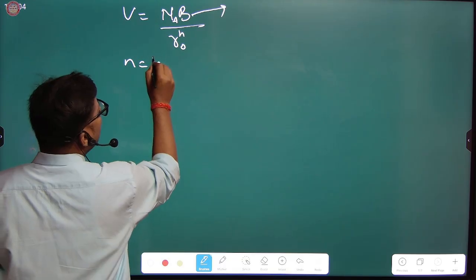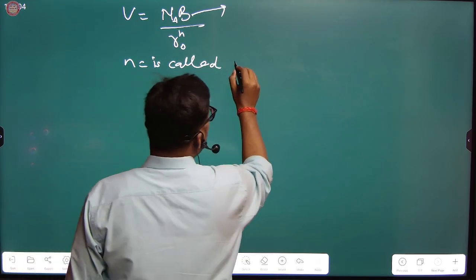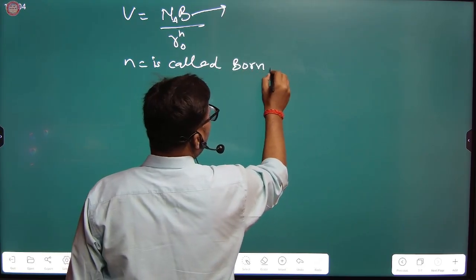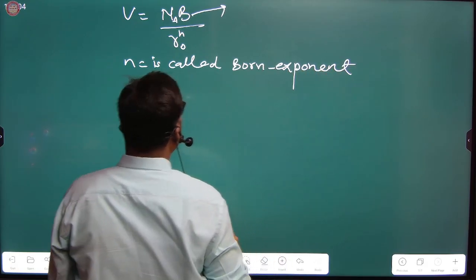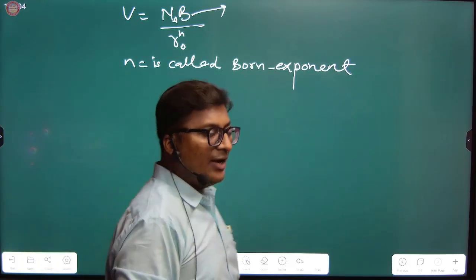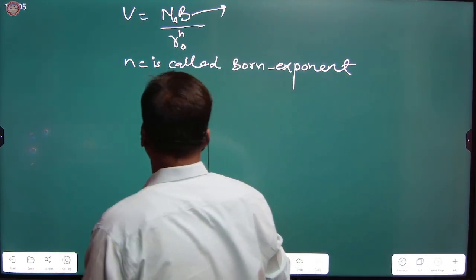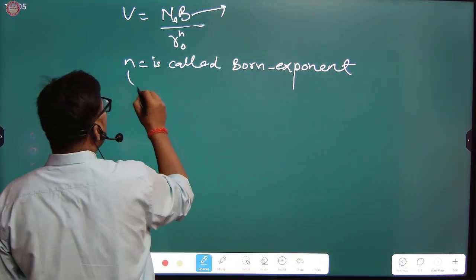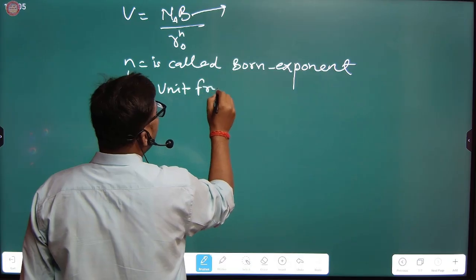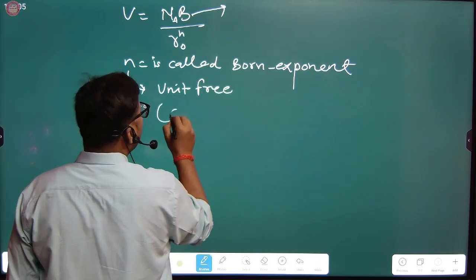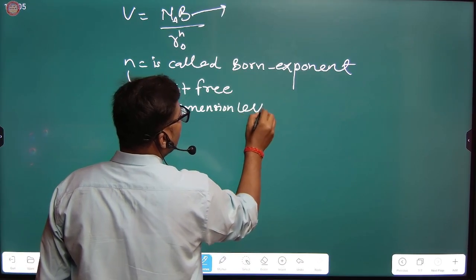N is called the Born exponent, right? And what is the value of N? Actually, it is a unit-free parameter, dimensionless, right?